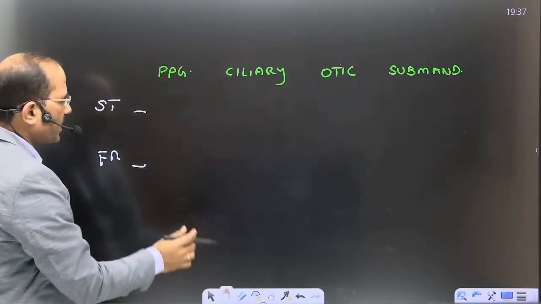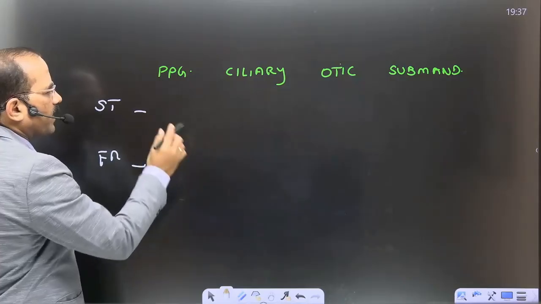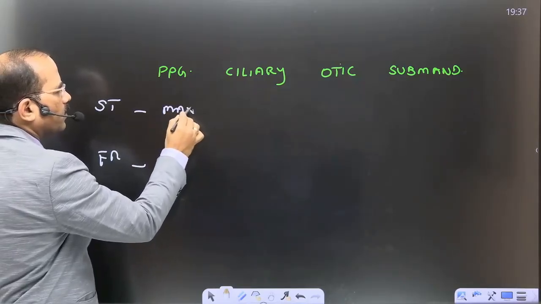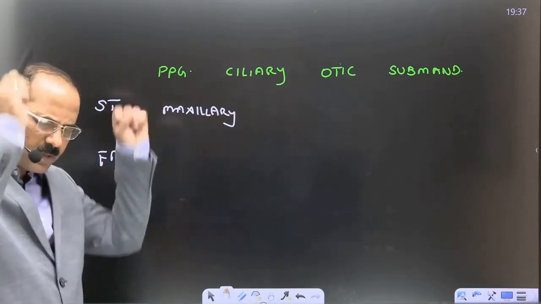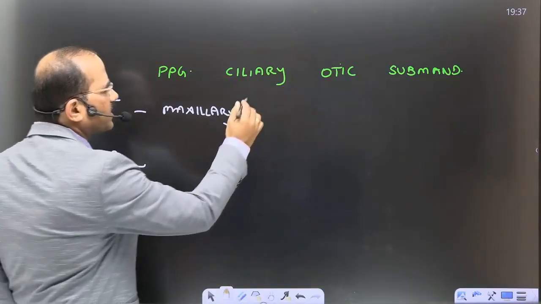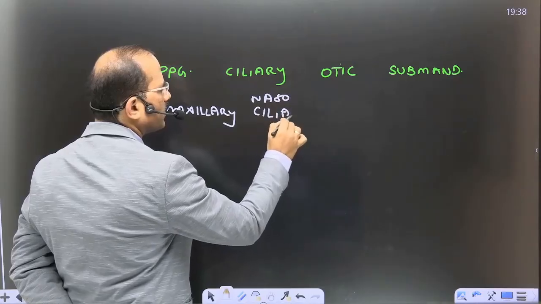So students, the pterygopalatine ganglion is hanging from which nerve? The pterygopalatine ganglion is hanging from maxillary nerve. The ciliary ganglion is hanging from nasociliary nerve.